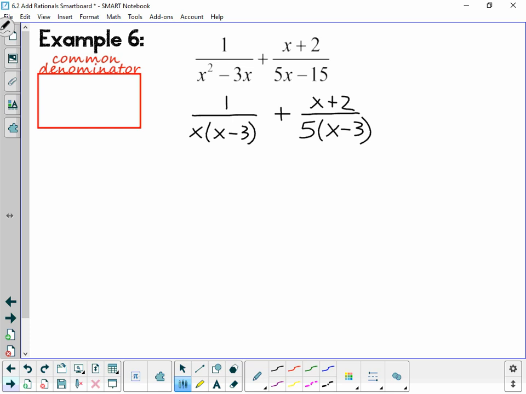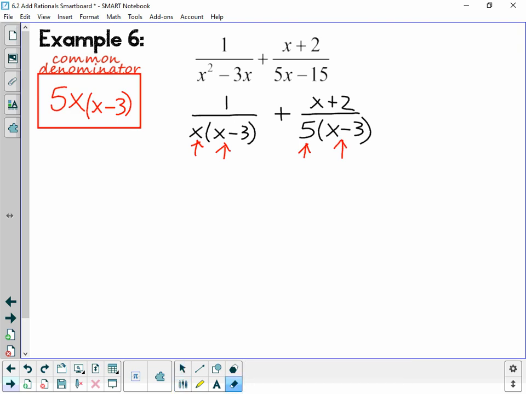So now that we can see the factors of these two denominators, you can see that they definitely need an x, because there's an x here. They definitely need an x minus 3, because there's one of those there. We need a 5, and there's the 5, and we already have the x minus 3 represented.